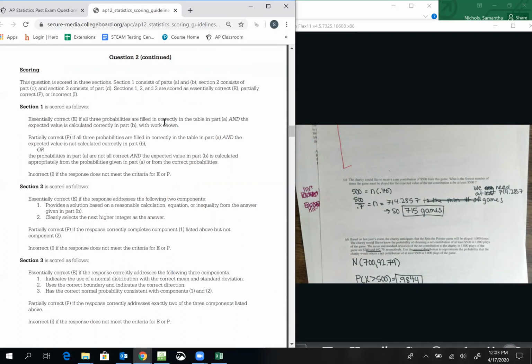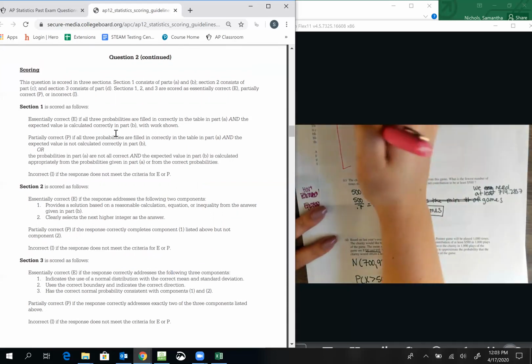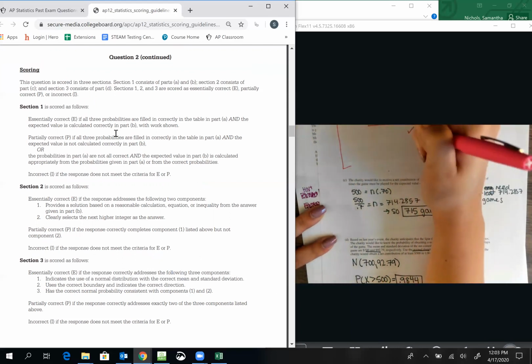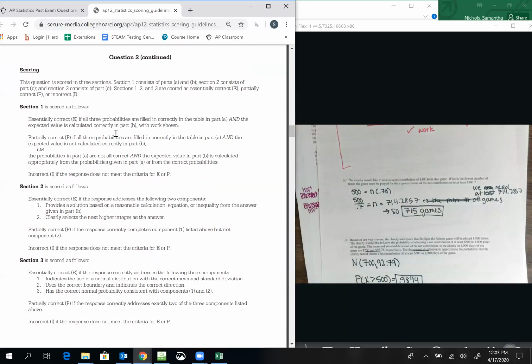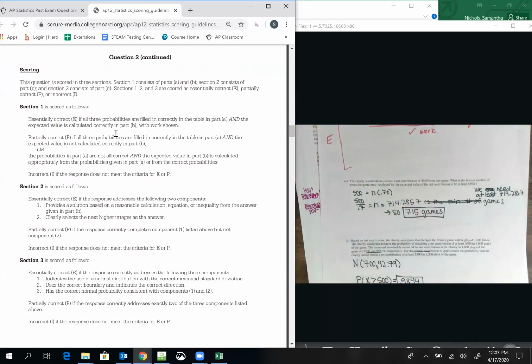So section 1, you had to have the correct probabilities in the table, and the expected count is calculated correctly with work shown. So here's my work, and then my answer, and then I also had part A. So I have 1 E so far. Part A and B, again, are scored together. They're not separate.